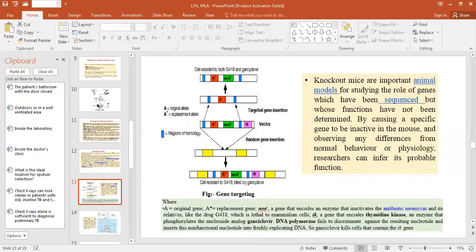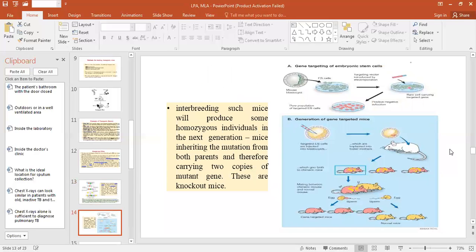So we can understand the function of a particular gene by using this knockout model mice. This knockout mice can be synthesized by interbreeding and by gene targeting.